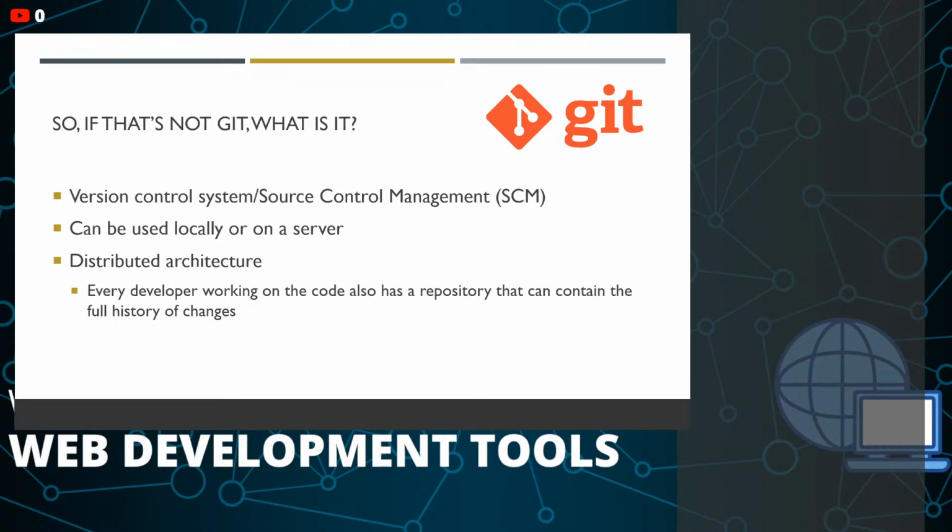We're able to deal with source code or source text, and we're able to control different versions and make sure we have different things that we're working with and putting together, as we're working with Git. So Git is source control management. And we can use this locally on our own machines, and we can also use it in conjunction with a server, and that's what GitHub is, which we'll talk more about next week.